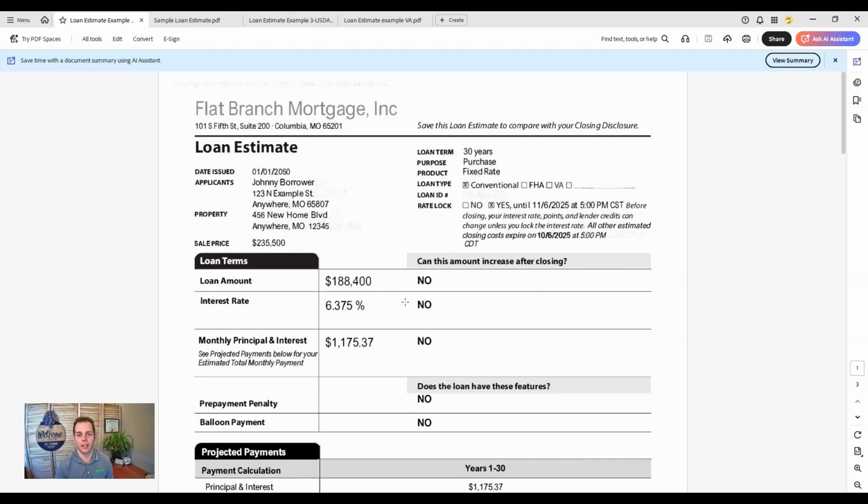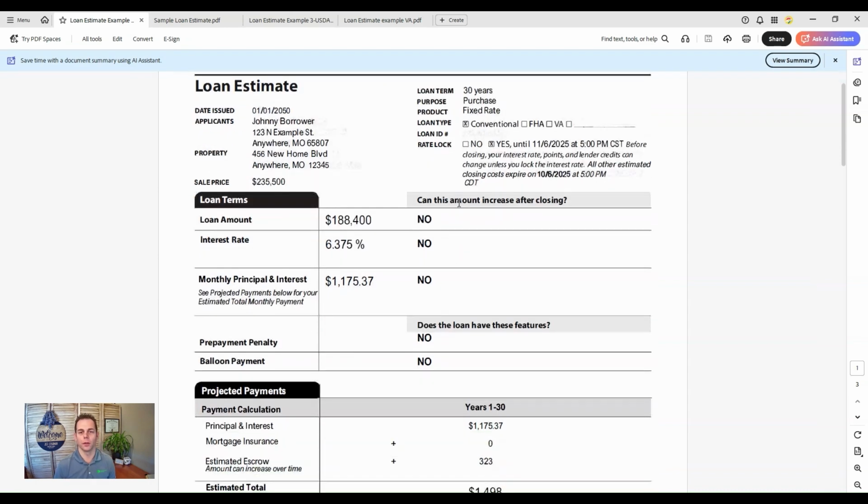I actually just did an interview with a borrower, which is getting edited right now, about a situation where a local bank did just that. They sent him an unlocked loan estimate with too-good-to-be-true numbers, then a locked loan estimate with too-good-to-be-true numbers. He and I discussed it, and he ended up switching to the other lender only to find out that they couldn't actually honor it. Bait and switch is a real thing in this industry. So if you have questions, please reach out to me, whether I'm helping you or you're with somebody else.